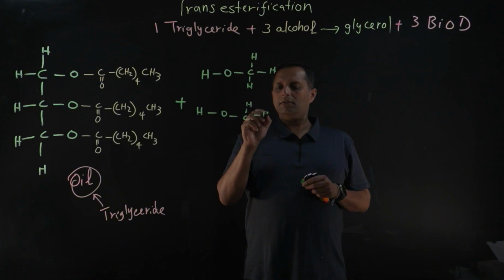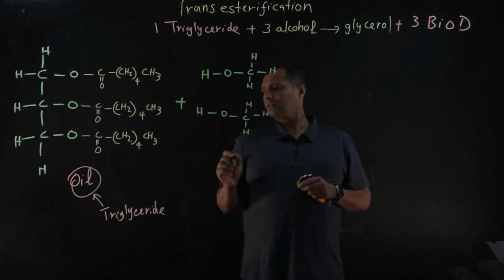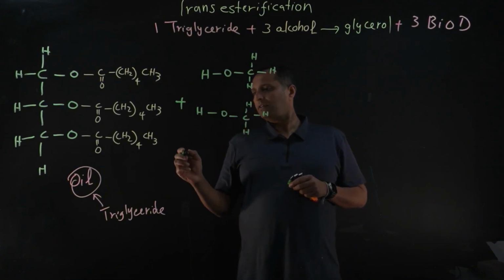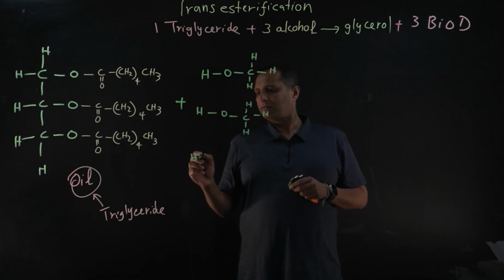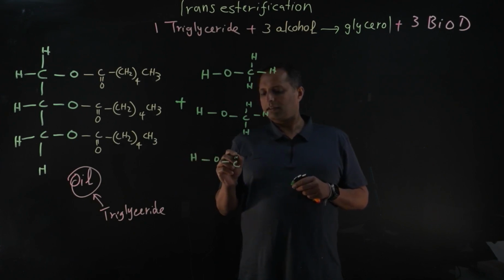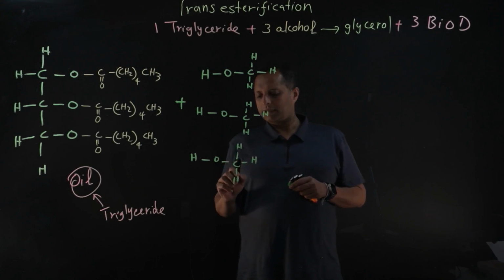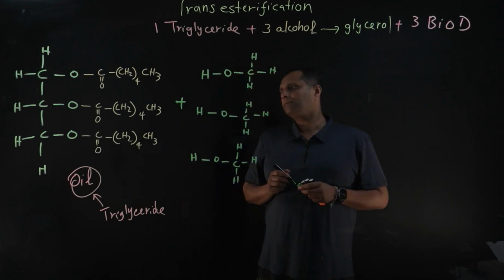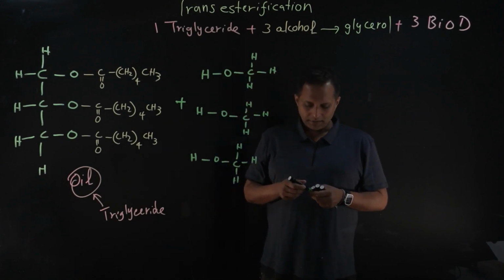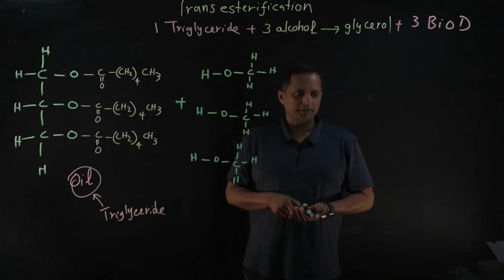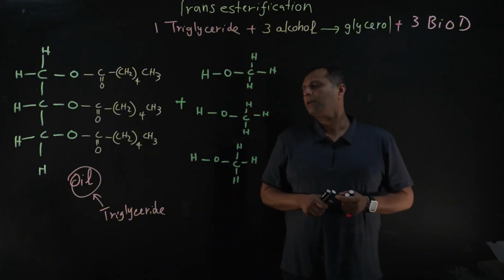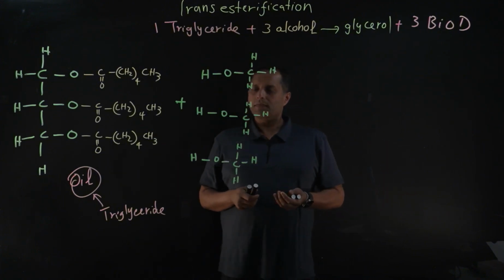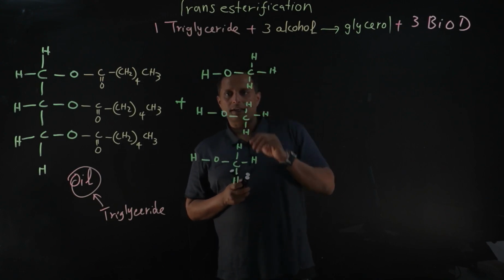Another molecule of methanol. 2, and we need to have another one. Right, now we got 3 molecules of methanol lined up. Is that clear? Now we are about to make transesterification. To do that, we are going to follow 3 steps.